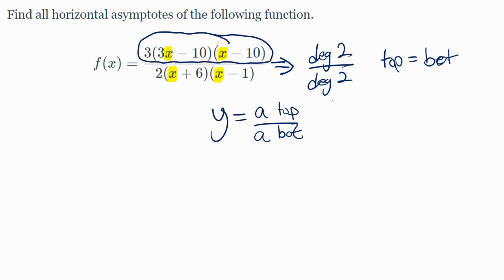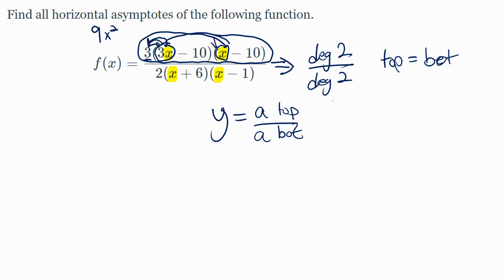And so either you don't imagine it and actually distribute and FOIL and distribute that 3 in there, or the easiest way to do this is just focus on the x's and their coefficients and the 3 out in front. If I was to multiply these x's together and the 3 and the 3, this would turn out to be 9x squared on the top. I could get the whole thing, but I just have to focus on the 3 times the 3.